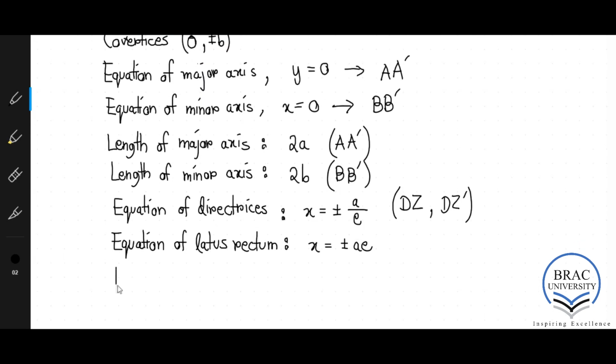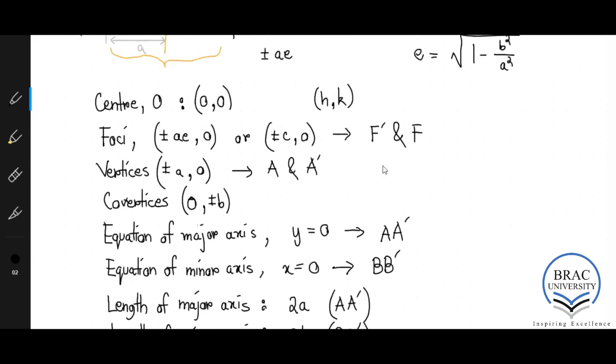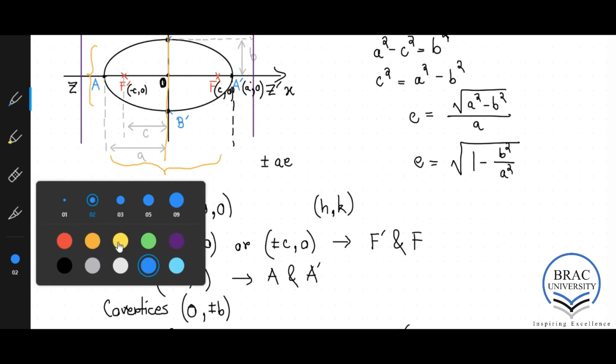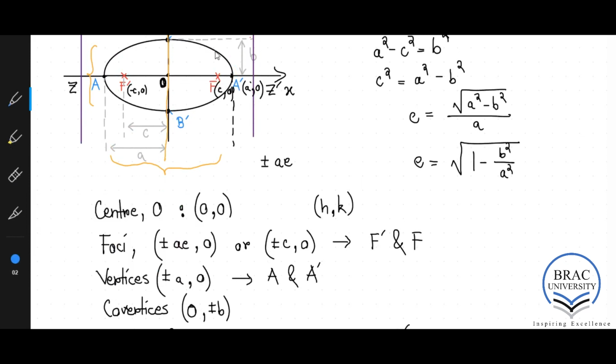And the length of this latus rectum is 2b squared over a. So this is just a use of constants, 2b squared over a. If we draw a latus rectum here, the length of this is 2b squared over a. Similarly, the length of this is the same, so this is also 2b squared over a.